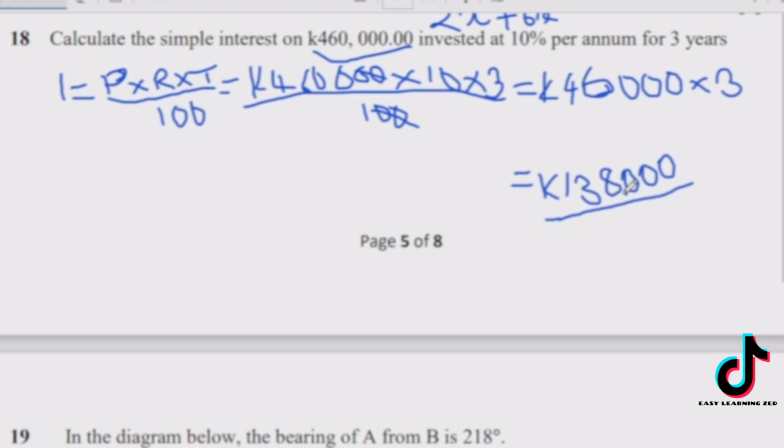That will be the interest for investing 460,000 kwacha. Unless there are some questions, this is the correct answer: 138,000 kwacha for investing this money for 3 years. Now we go to the next question.